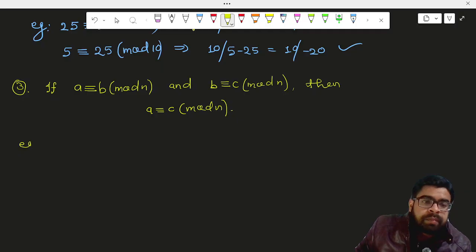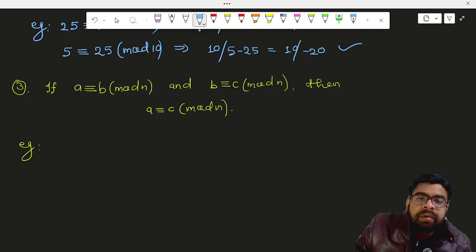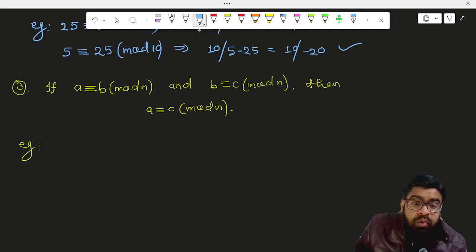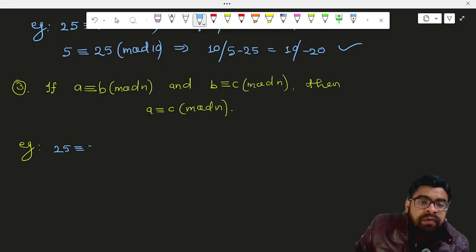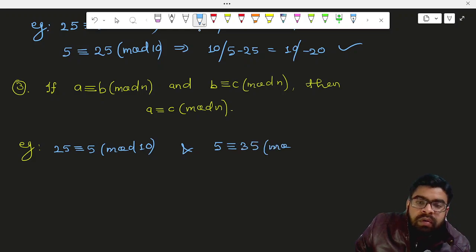For example, suppose we have both congruences, for example 25 congruent 5 modulo 10 and 5 congruent 35 modulo 10.